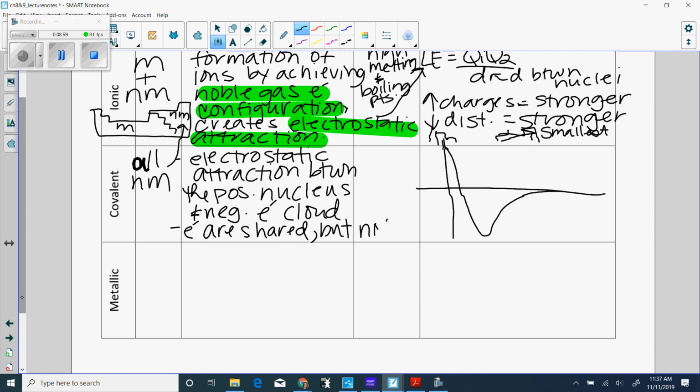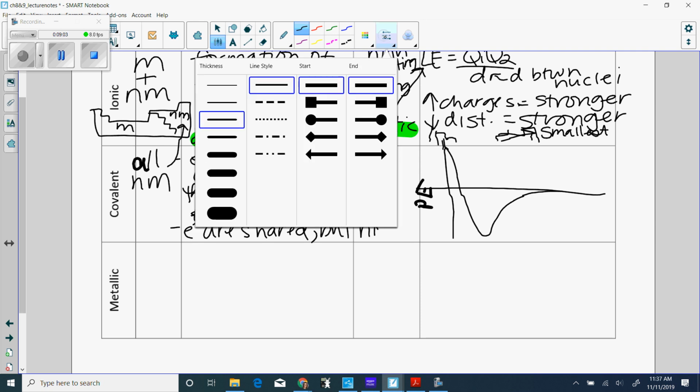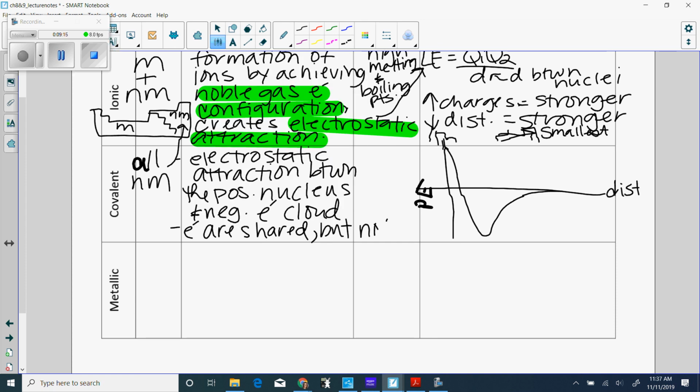The y-axis is potential energy. Potential energy, we learned already once, is that attraction and repulsion of our magnets. The x-axis, though, is distance between nuclei.